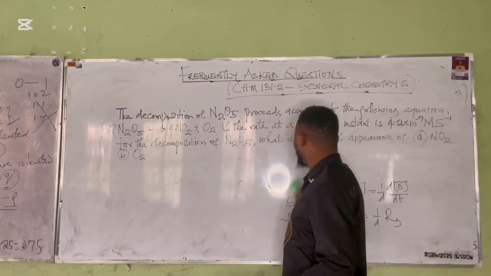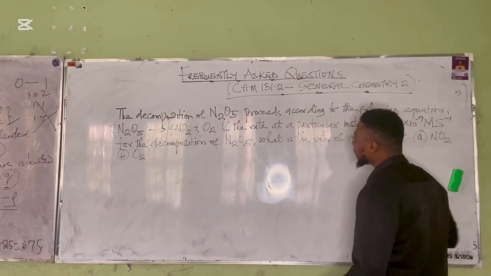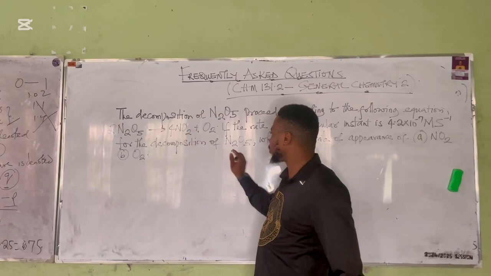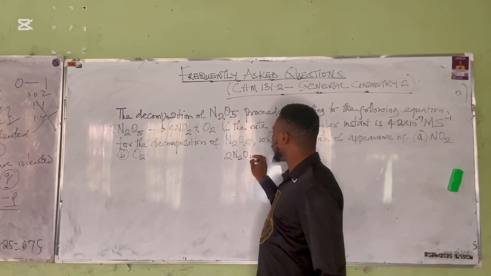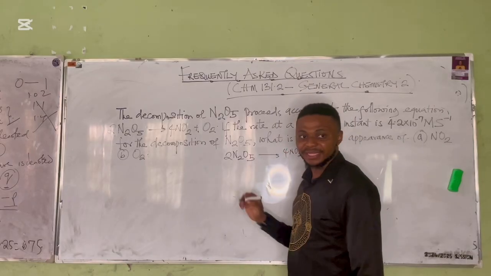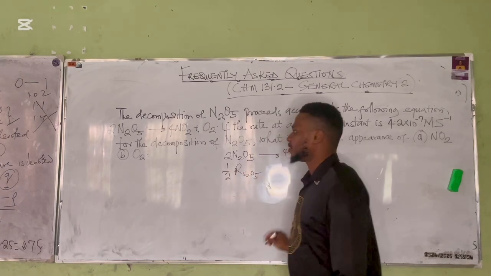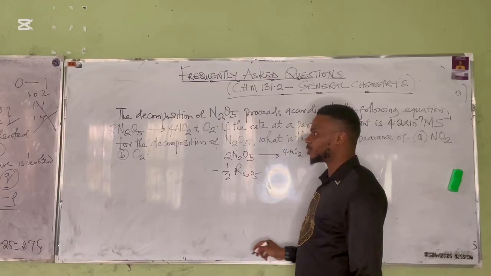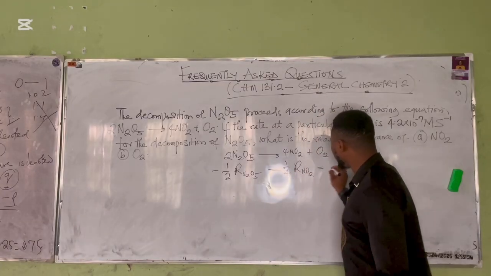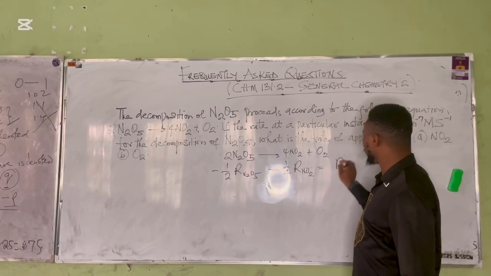Now let's go straight into solving this question. Let's express the stoichiometric expression of this reaction. The reaction is 2N2O5 to give us 4NO2 plus O2. Now this would be minus 1 over 2 rate of N2O5, equal to 1 over 4 rate of NO2, equal to 1 over 1 rate of O2.